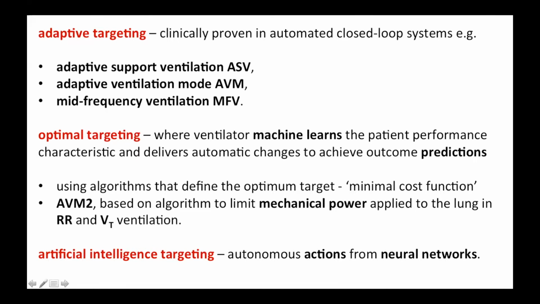And of course, in our vision, we can imagine that in the future, there will be an opportunity for artificial intelligence targeting, where the ventilator is able to apply neural network algorithms in order to deliver autonomous actions.